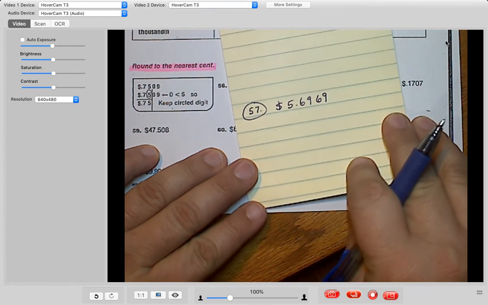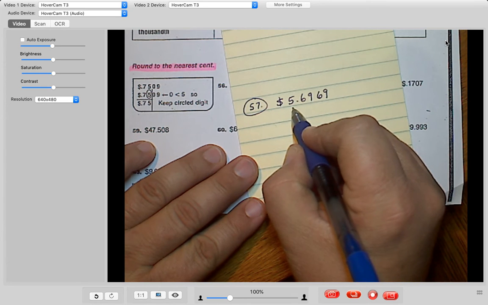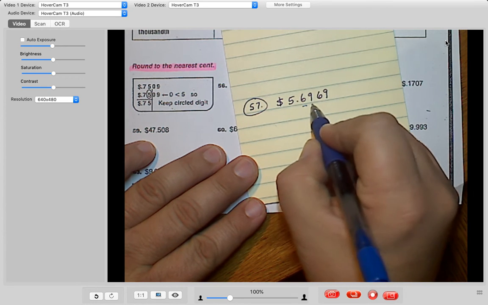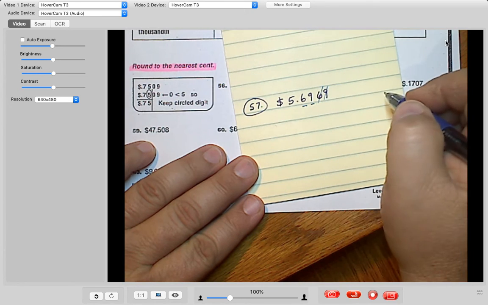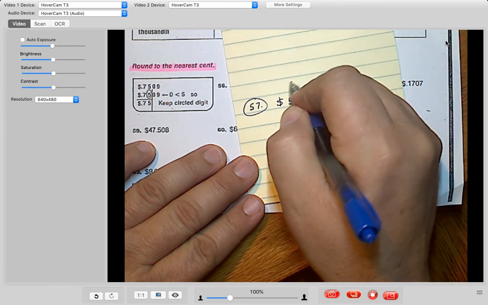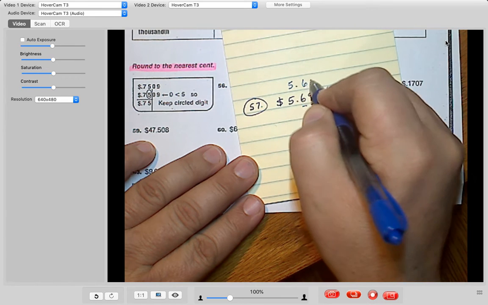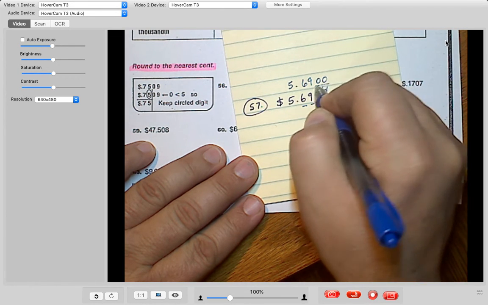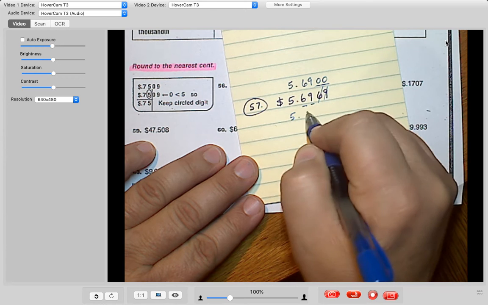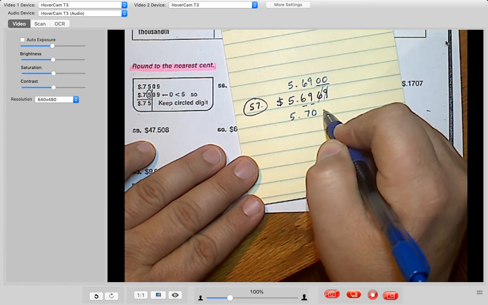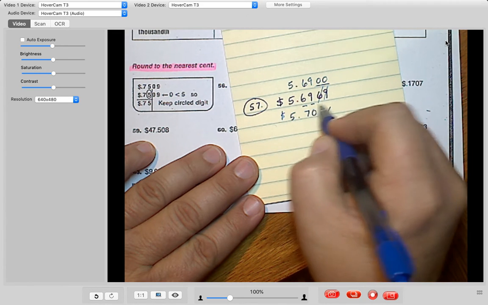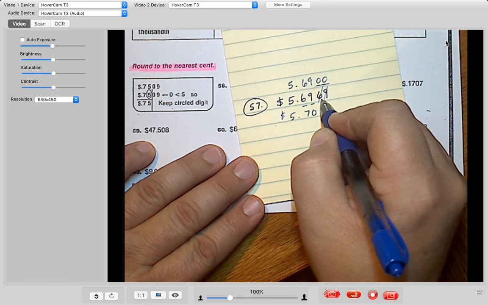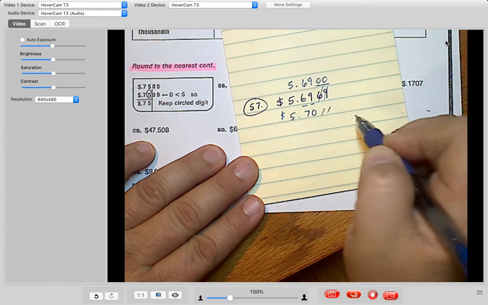All right, so on the bottom one, you already have a number in the dollar sign, and you have the two decimal places, the tenths and the hundredths, but you've got to get rid of this part. So you look at it: is it closer to $5.69 or $5.70? What comes after 69? 70, right? That 6 is what we're looking at to round that 9.